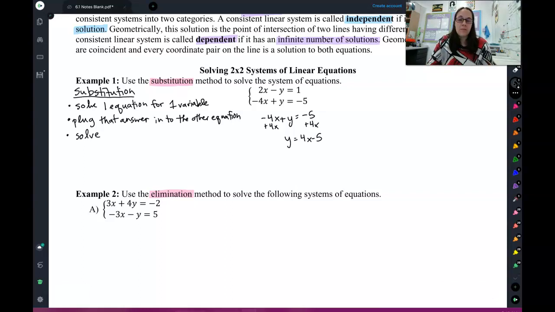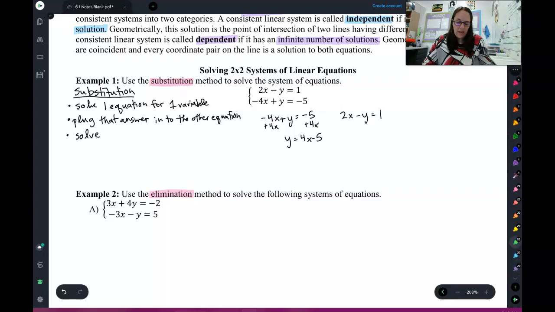So there's my equation for y. Next step, I'm going to plug that answer into the other equation. So now I move on to the other equation, and anywhere I see a y, I'm going to plug 4x minus 5 in for that y. This is the substitution part. So we're substituting that equation for y in for y.